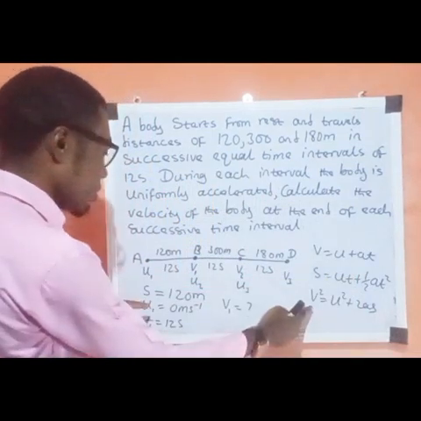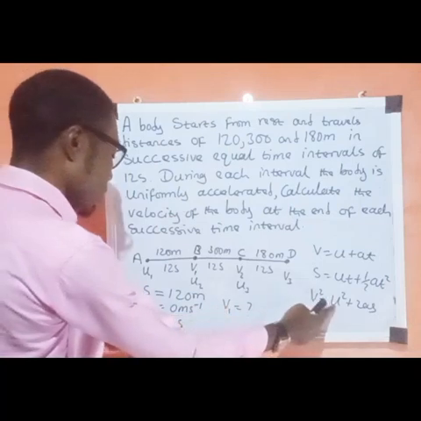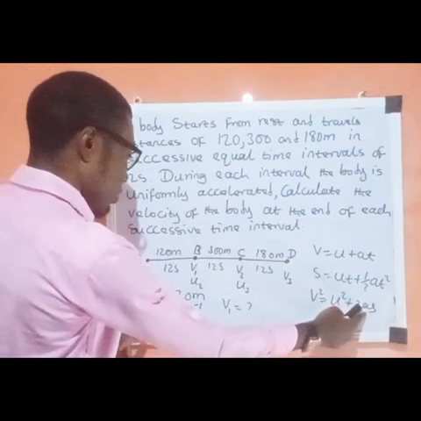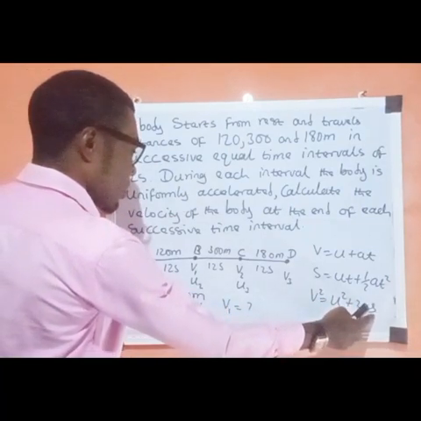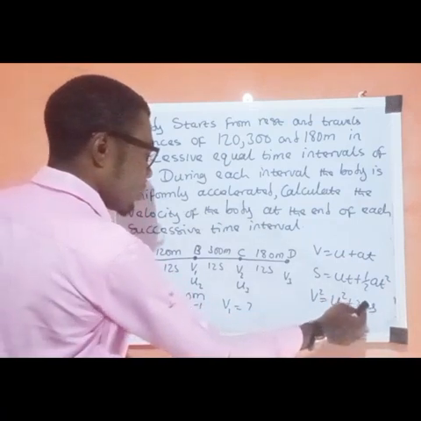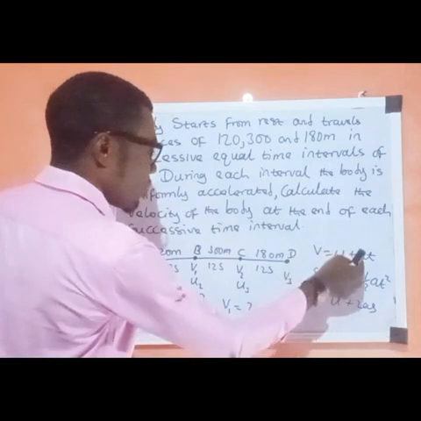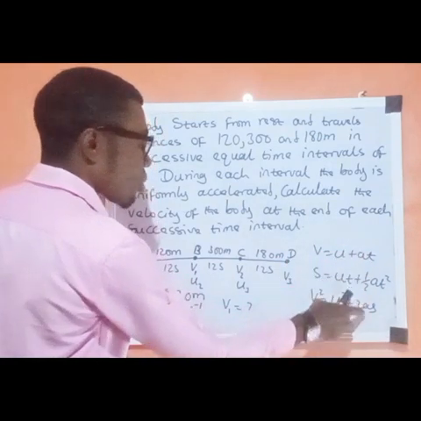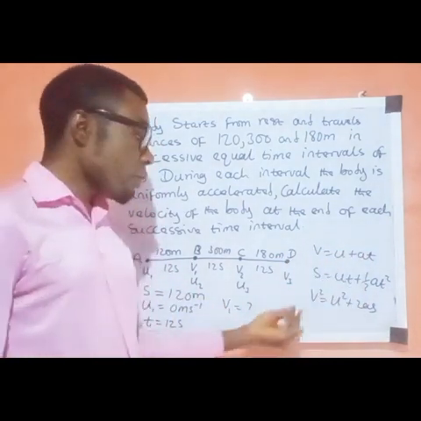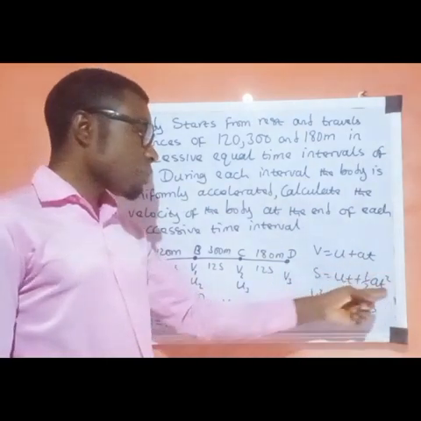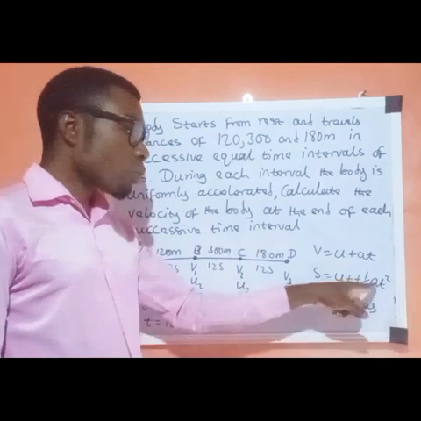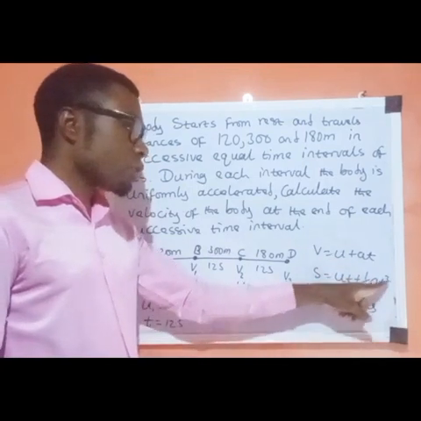In the third equation, v is unknown, u is known, a is unknown, s is known. We don't know v, we do not know a. So in these two equations we have two unknowns. But we're looking for v. We would have preferred this one because it has just one unknown, but the unknown here is a. There is no v here.